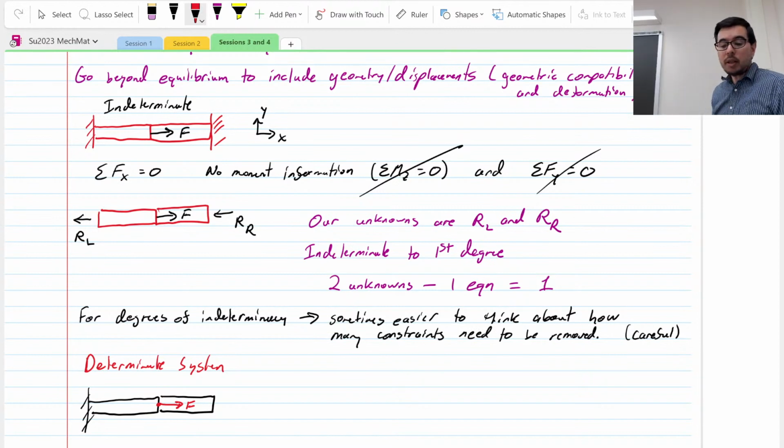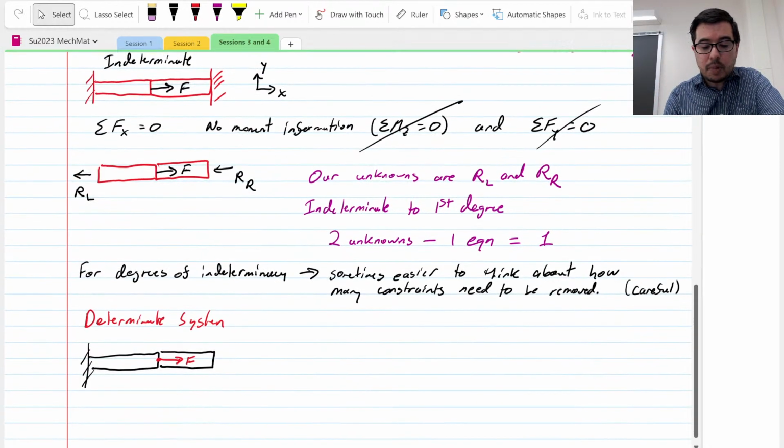Another thing I want to point out that is subtle, and keep in mind that these general insights apply to shafts when we have torsion, and to beams when we have moments and forces as well.